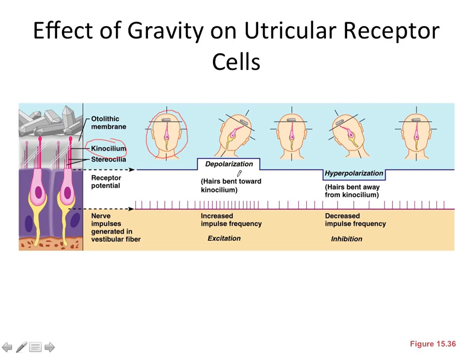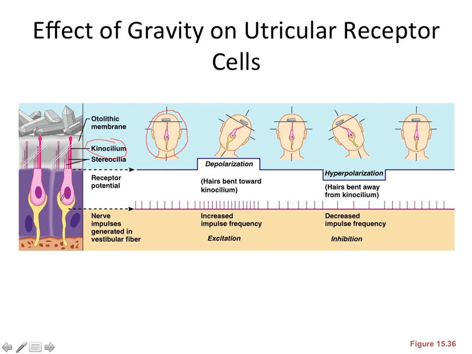Once all these hairs are stimulated, the calcium channels and potassium channels open, and more calcium ions and potassium ions travel into the hair cells to release neurotransmitters into the synaptic cleft between the hair cells and the nerve terminal.